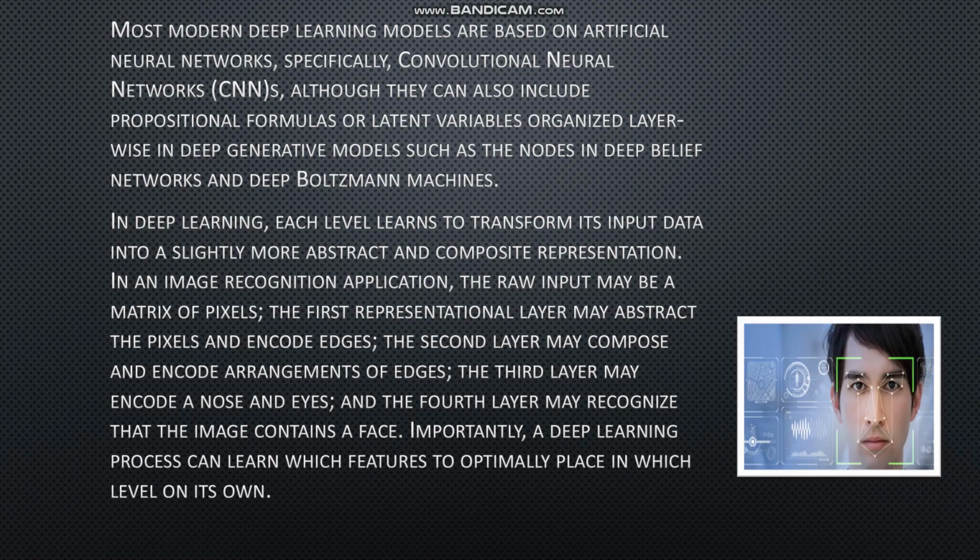In an image recognition application, the raw input may be a matrix of pixels. The first representational layer may abstract the pixels and encode edges. The second layer may compose and encode arrangements of edges, the third layer may encode a nose and eyes, and the fourth layer may recognize that the image contains a face. Importantly, a deep learning process can learn which features to optimally place in which level on its own.